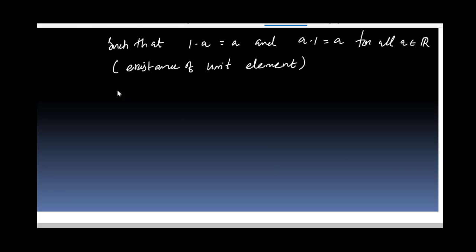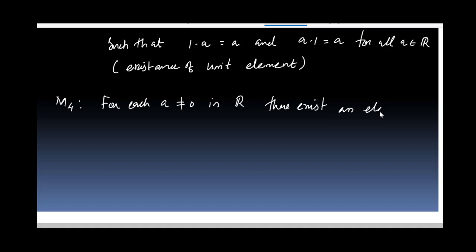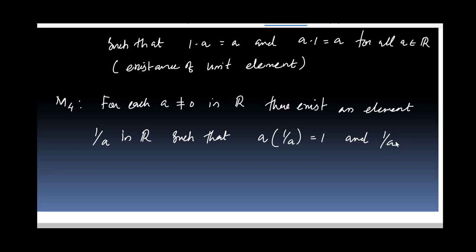And fourth one, M4: for each a not equal to 0 in R, there exists an element 1 by a in R such that a into 1 by a equal to 1 and 1 by a into a is equal to 1.